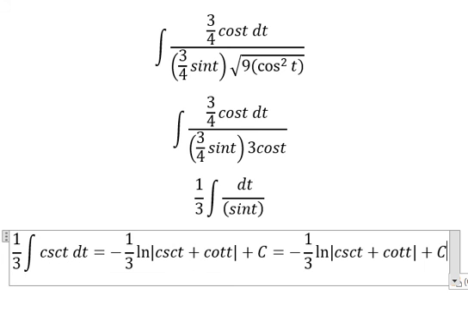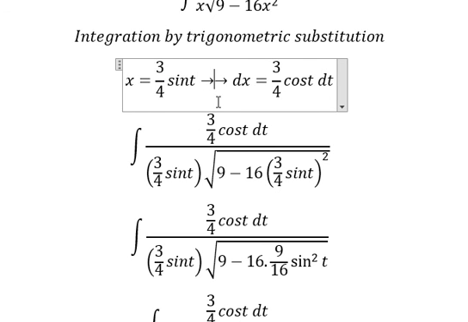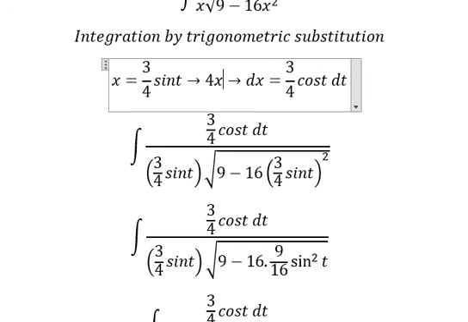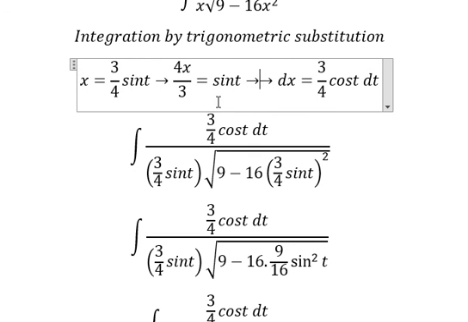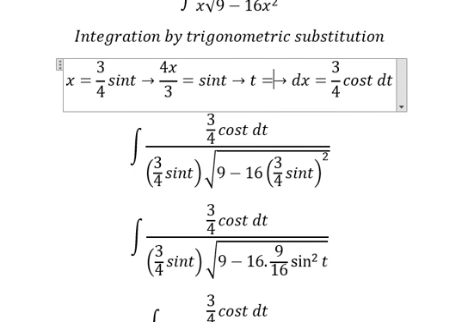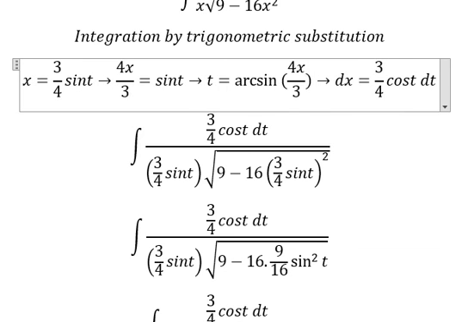We need to return back to this one. So we divide both sides by 3 over 4. So you get 4s over 3 equals sine t. And we get t equals arcsine of 4s over 3.